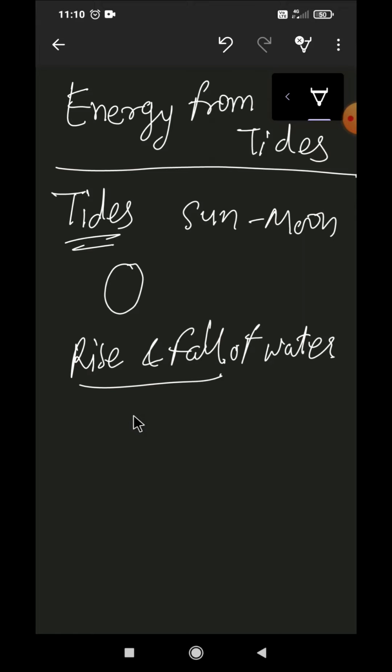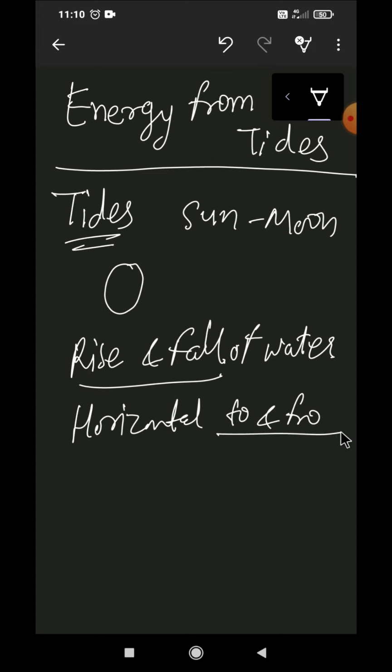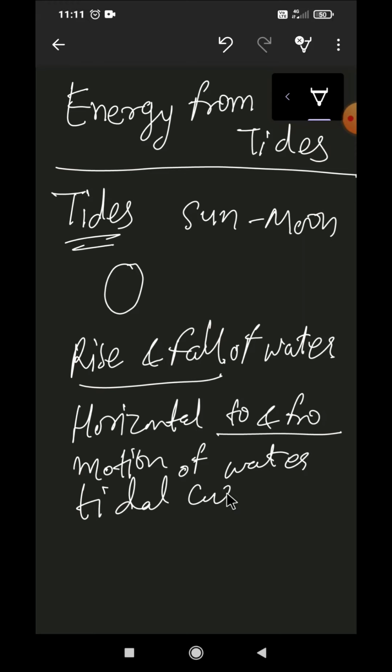The tidal rise and fall of water is accompanied by periodic horizontal to and fro, meaning forward and backward, motion of water, called tidal currents.